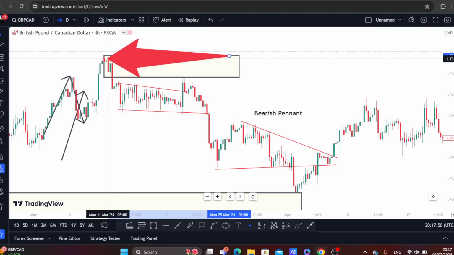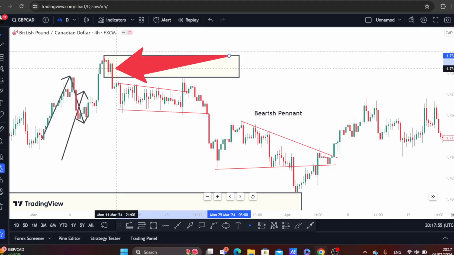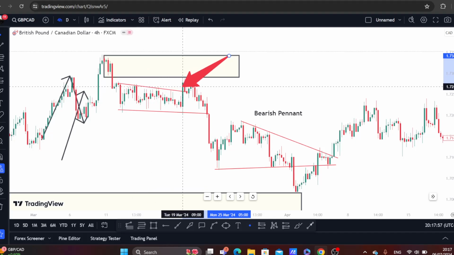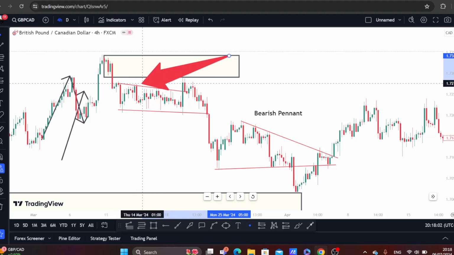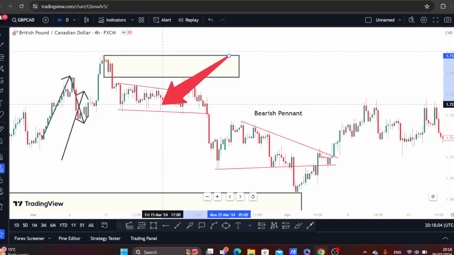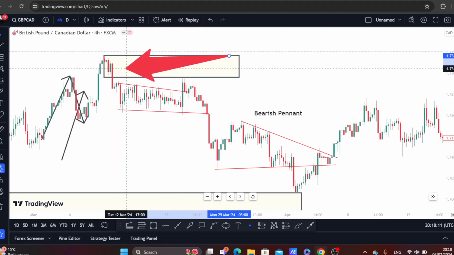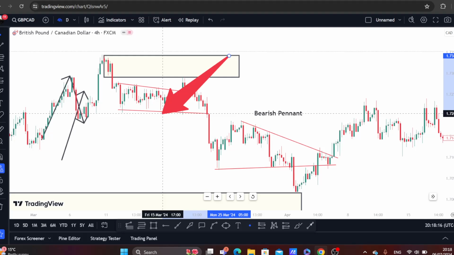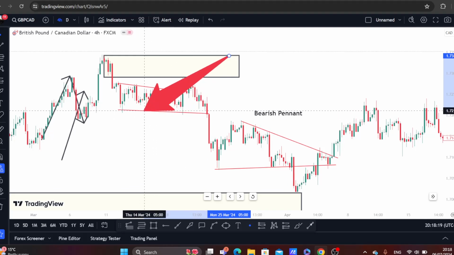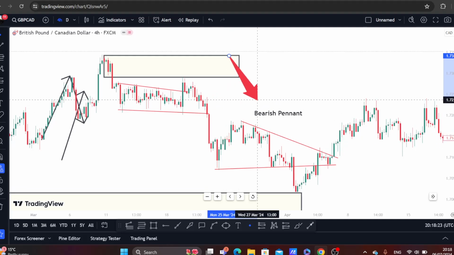And when I saw this high being created, and then we had the supply zone there, all I need to do is wait for a chart pattern like this, a double top or a chart pattern like this, and then I know that when there's a breakout, people are gonna go long into the supply zone. If you've gone long there, your stops are gonna be below this chart pattern, and you have been taken out. Okay, so that's the first one.